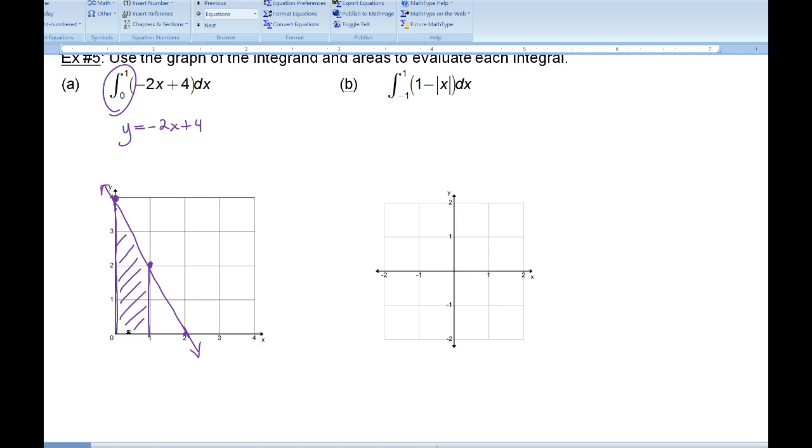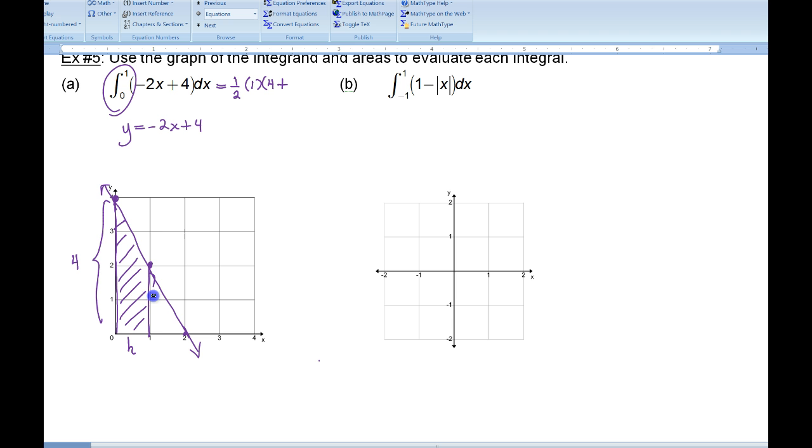So what kind of shape did we end up with? Trapezoid. So could we figure out the area of that trapezoid? Yeah, it's 1/2. What's the height of the trapezoid? Careful, it's on its side. The height here is 1. Base 1 has a length of 4.